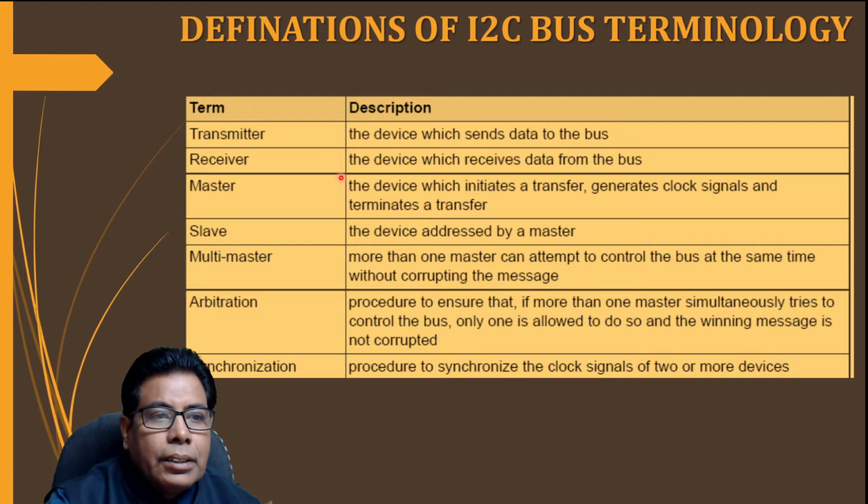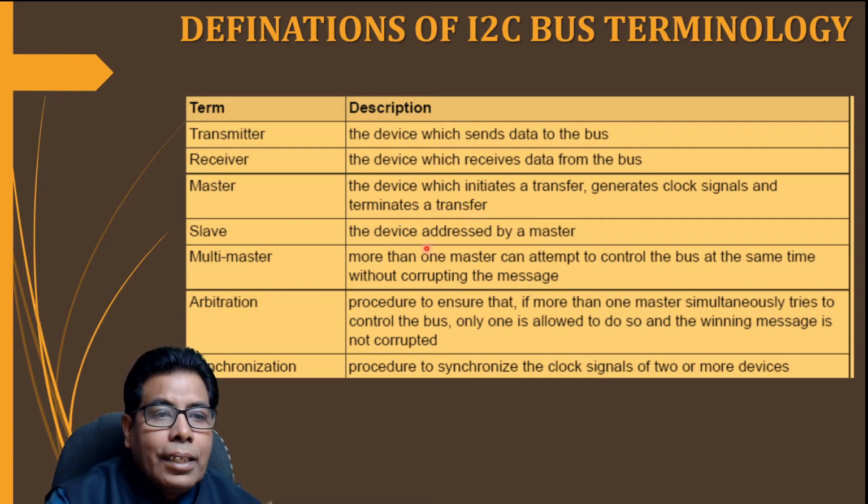Then master: the device which initiates the data transfer, generates the clock signal and terminates the transfer. So the master can be a transmitter or receiver, but it will also initiate the data transfer, generate the clock signals and terminate the transfer.